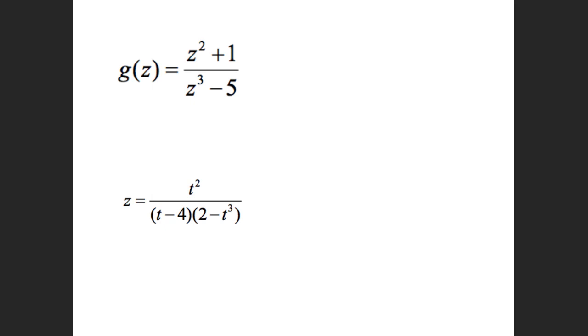Okay, I am going to start working through the first one because it's going to take a little bit of time to do the second one. So the first problem, I'm going to go u prime, v prime. So u is equal to z squared plus 1. U prime is 2z. V is equal to z to the third minus 5. V prime is 3z squared.